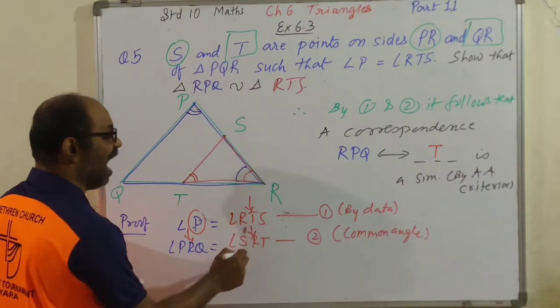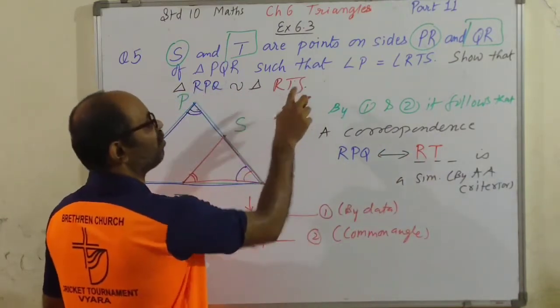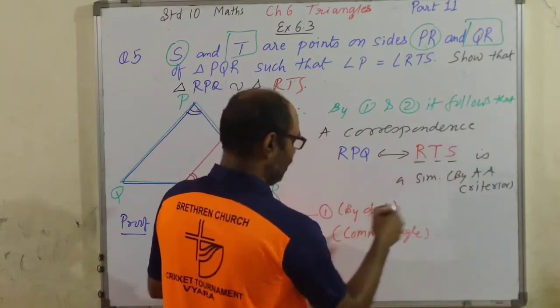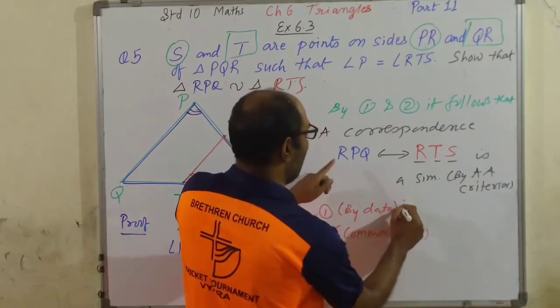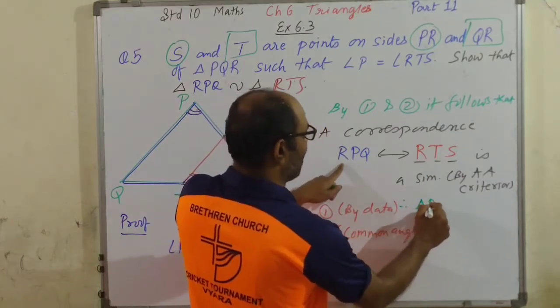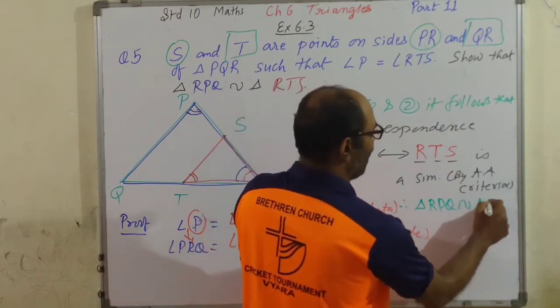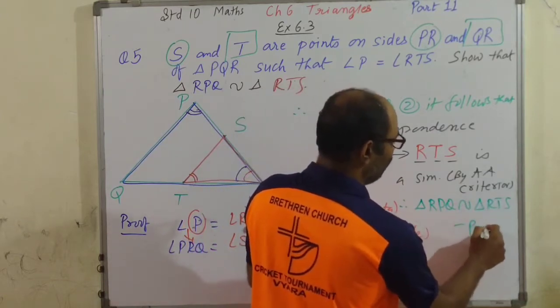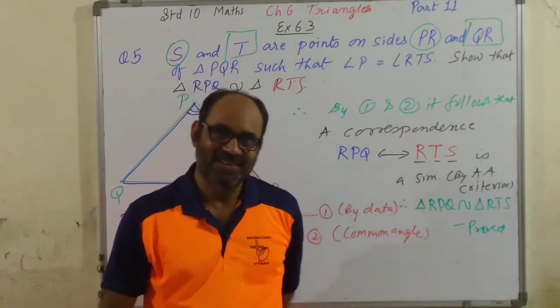R corresponds to R. R is first, RT और बच गया S. Therefore, triangle RPQ is similar to triangle RTS. Proved. Correct? Did you understand?